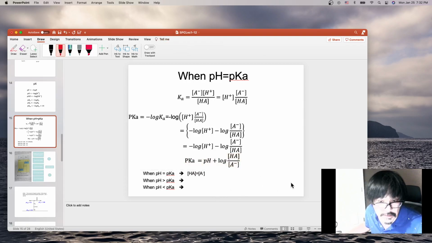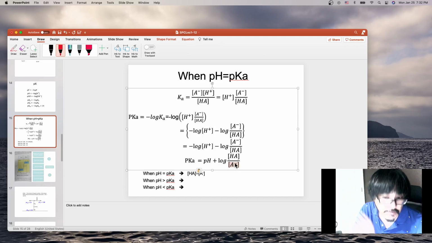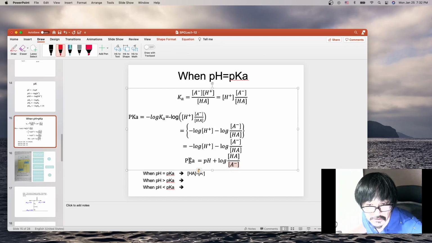And it can say something interesting here. When the pH is equal to pKa, this concentration is exactly equal to that one, right? Because log of 1 is equal to 0, right? For these two terms to be equal, this has to be 0, right? That means that this one has to be 1. So the HA concentration has to be equal to the A minus concentration.